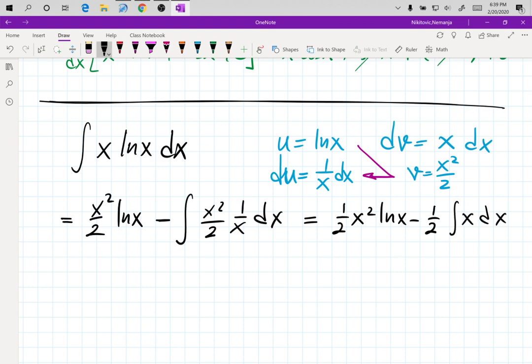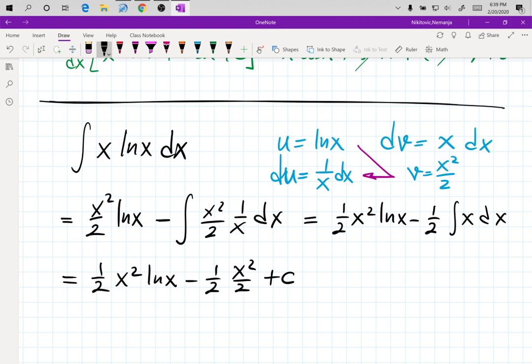Oh, when things work out nicely, right? So we have 1/2 x squared ln x minus 1/2 x squared over 2 plus c.